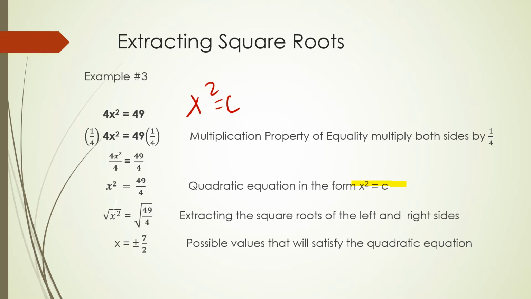That is the possible value that will satisfy the equation. Now, if you're going to check that, again, you're going to use the original equation. I-substitute nyo lang yung nakuha nyong value ni x. So, kapag naging equal sila, therefore, that is the solution.